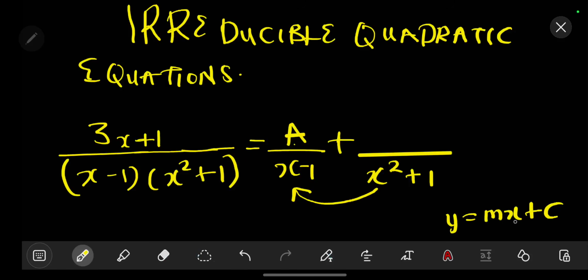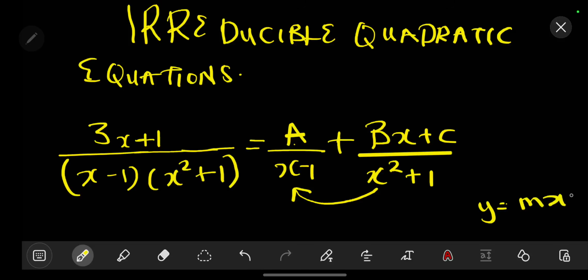This is the form. We are just going to use different letters. Since we have used a, we are going to say bx plus c. You can only do this if you cannot factorize it.